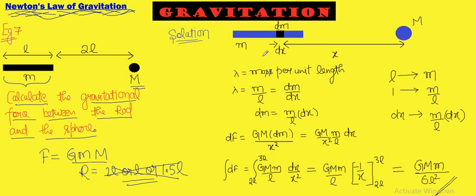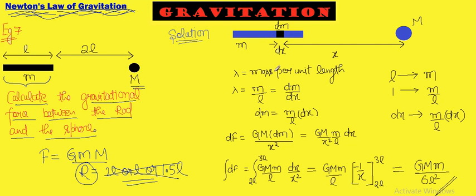Now let me tell you, integration is not as tough as you think it is. Trust me on this one. Integration is actually very easy. All you need to understand is, we cannot use any one value of r for the entire mass because its distance from the other mass is 2L at one point, 3L at another point, and 2.5L at the midpoint.